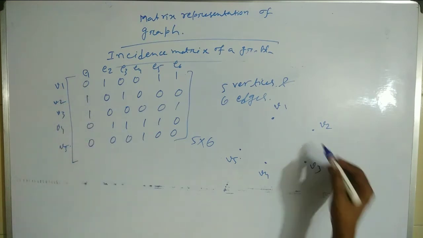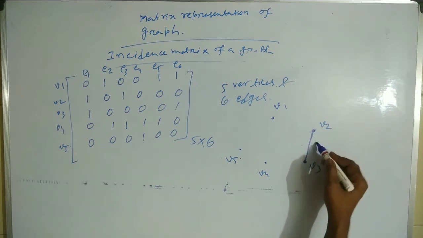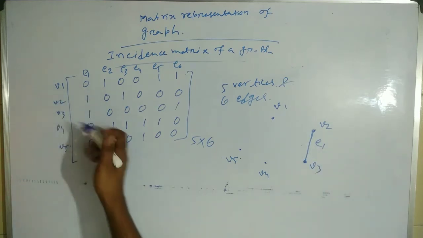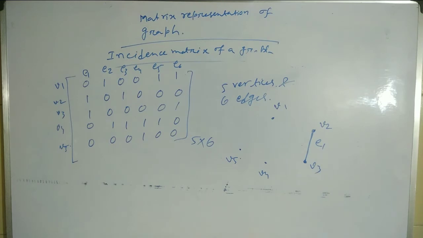So connect V2 and V3 by an edge, and the name of this edge will be E1. We consider a similar process to what we have already learned for writing the matrix.